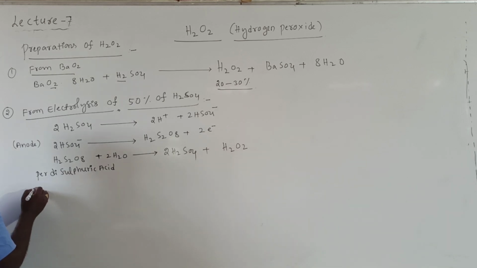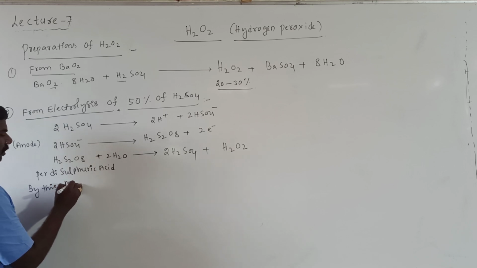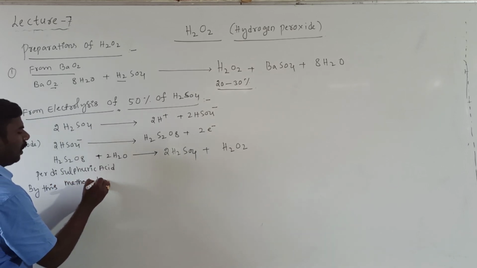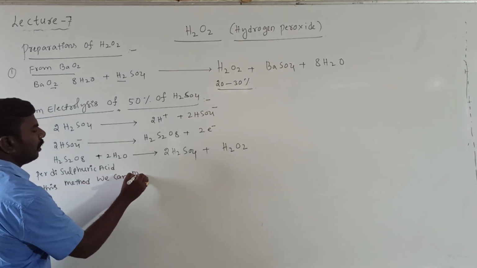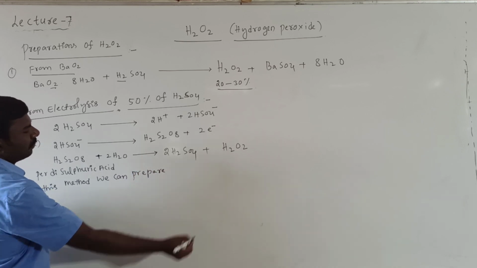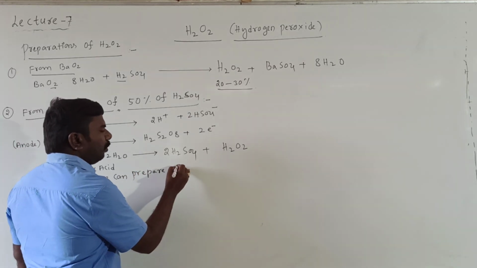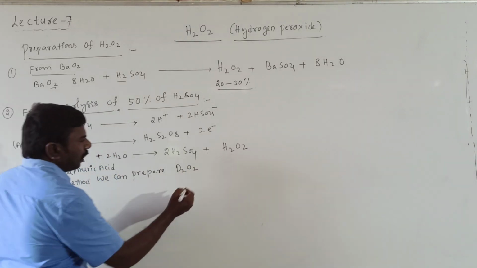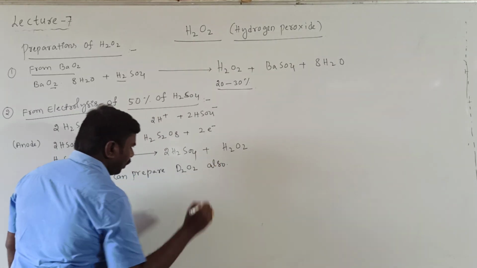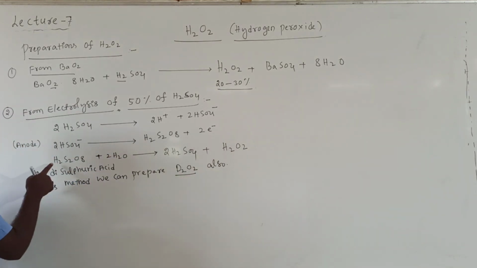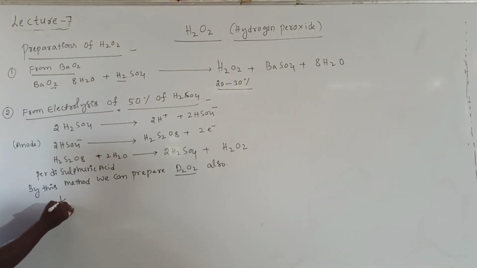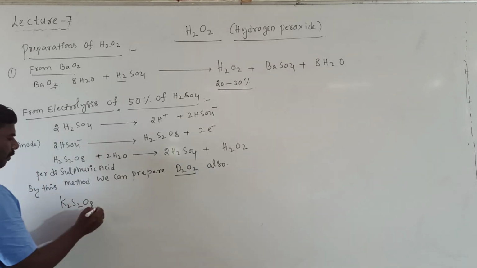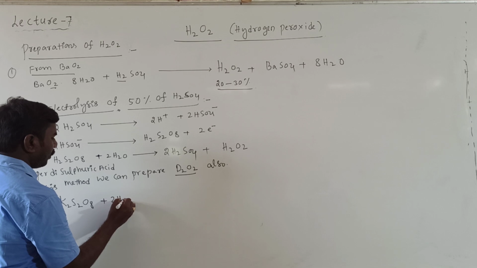So by this method, we can prepare D2O2 also, deuterium peroxide. To prepare D2O2, instead of H2S2O8, I am taking K2S2O8 plus 2D2O.